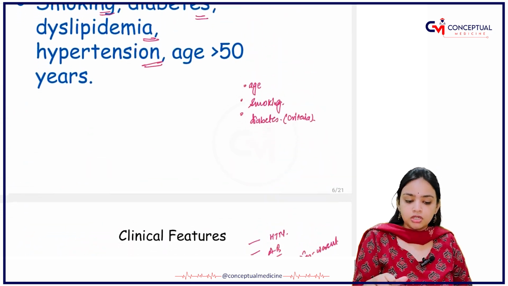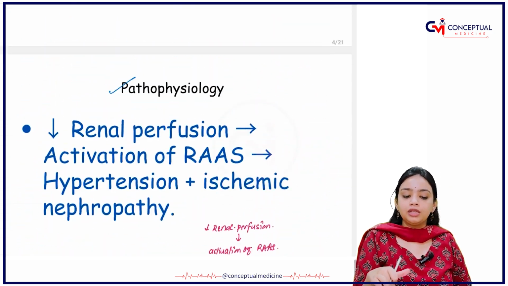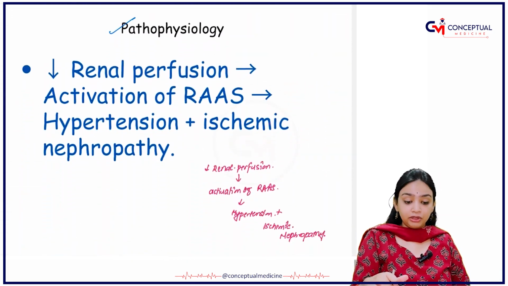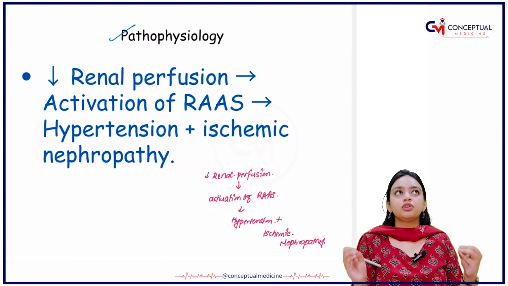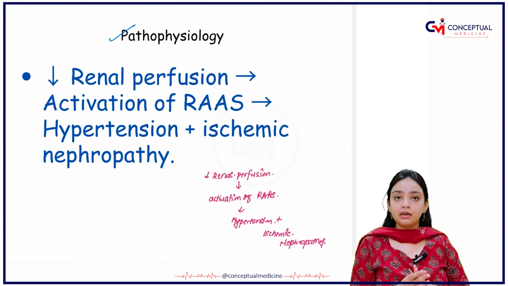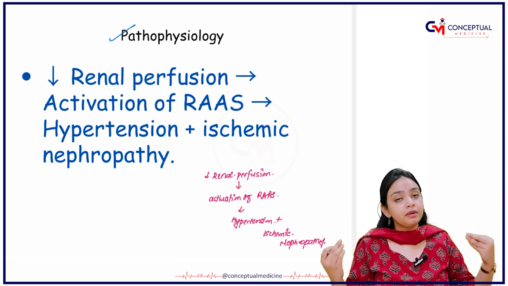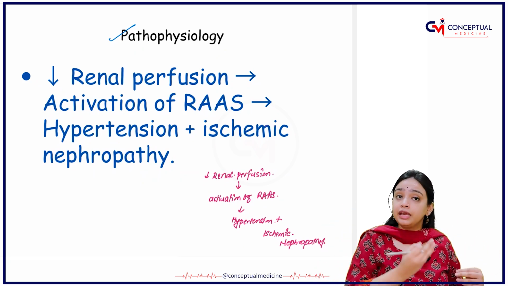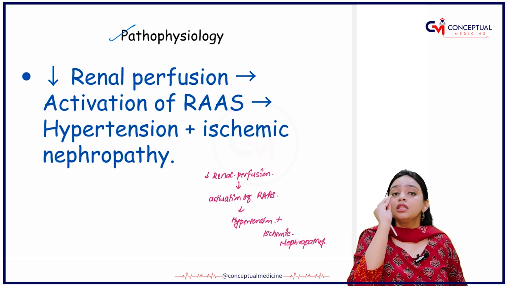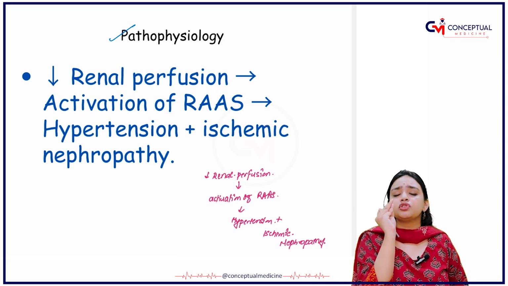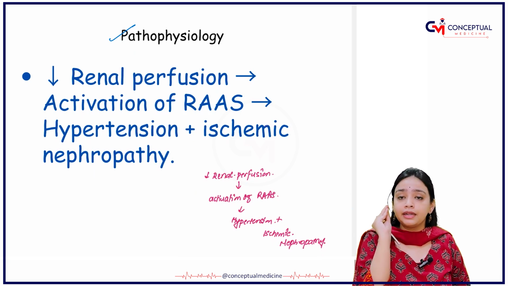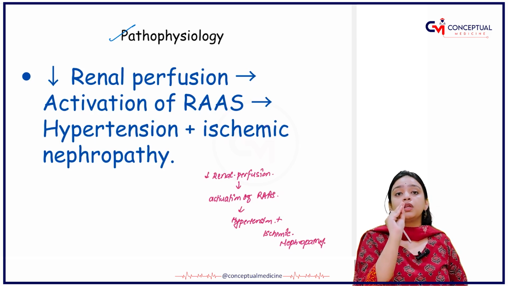What are the clinical features we have seen? Right? What are the risk factors you have? What is the pathophysiology? In the pathophysiology, just remember that there will be reduced renal perfusion, as a result of which there will be activation of the RAS system, and whenever the RAS system is activated, the person will be 200% sure to have hypertension. This much you need to remember.